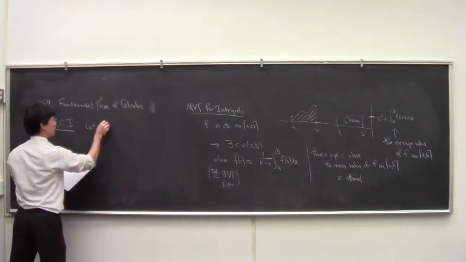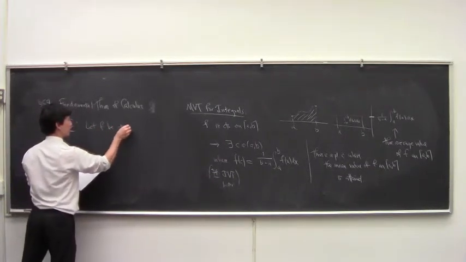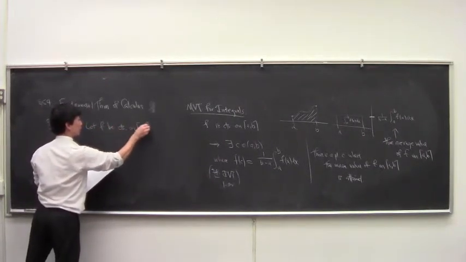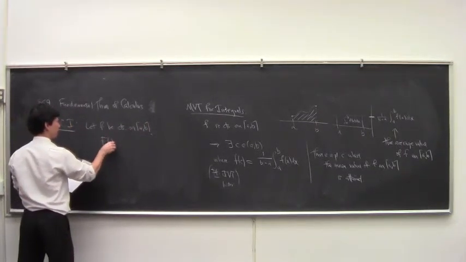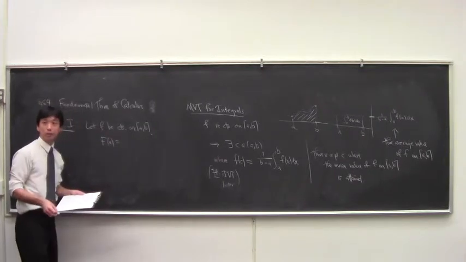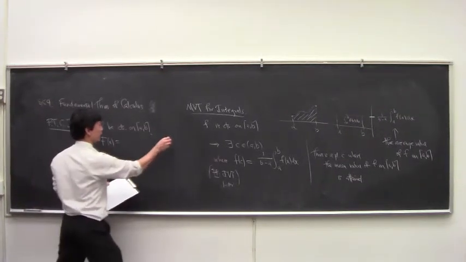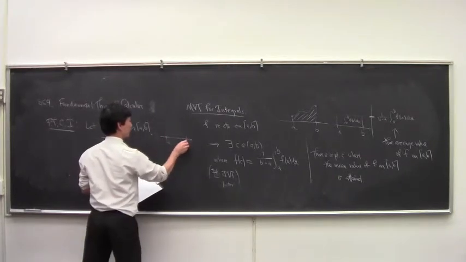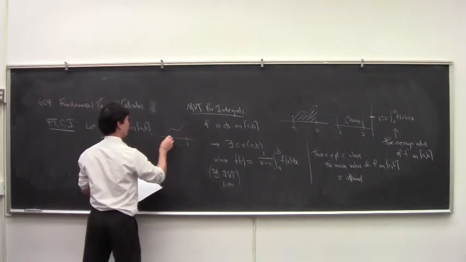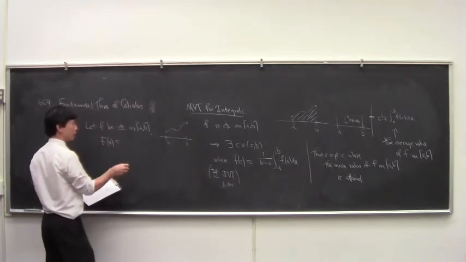Let f be a continuous function on [a, b], and let capital F be the following function. So you make a new function. You have one function here on [a, b], and you make another function, capital F.